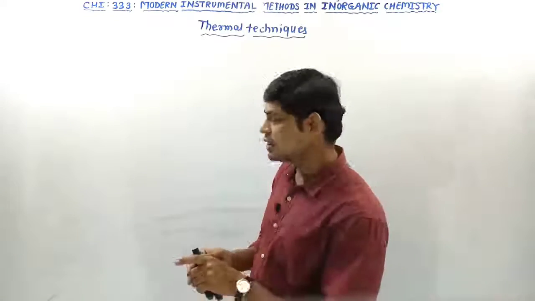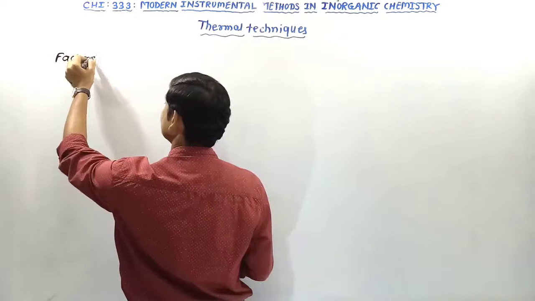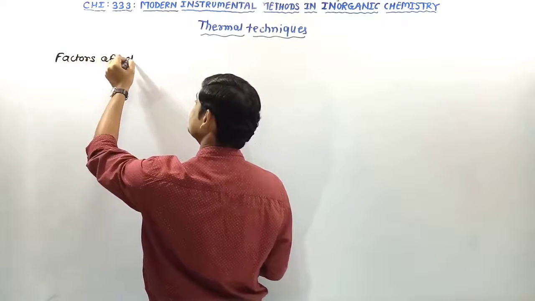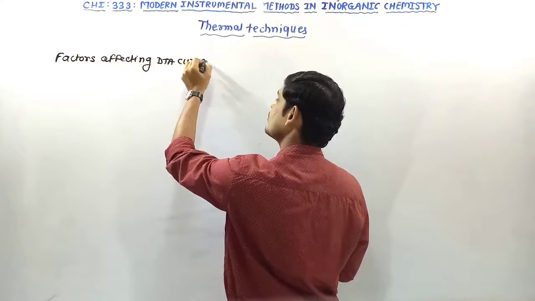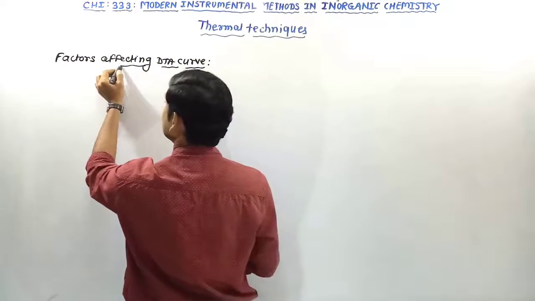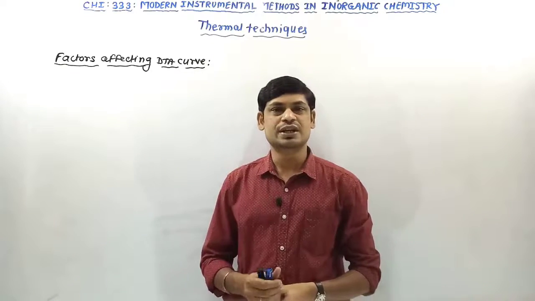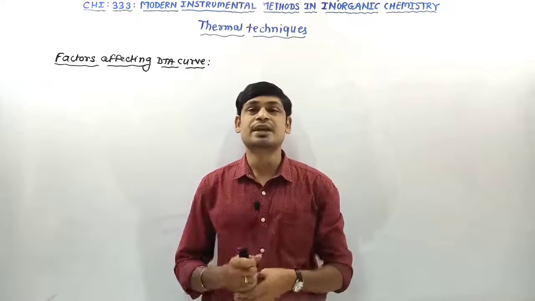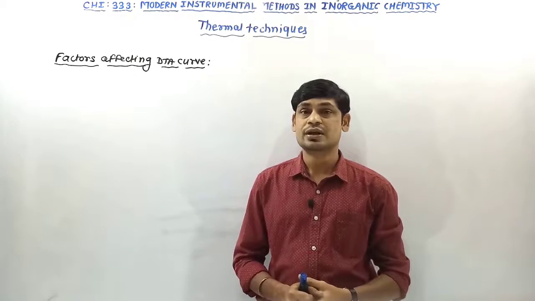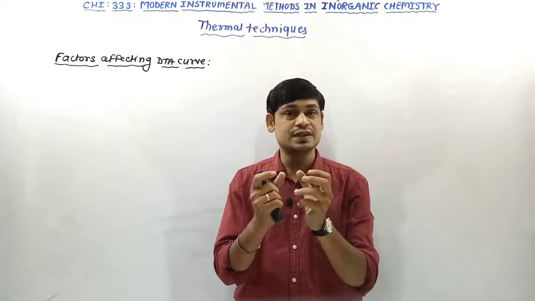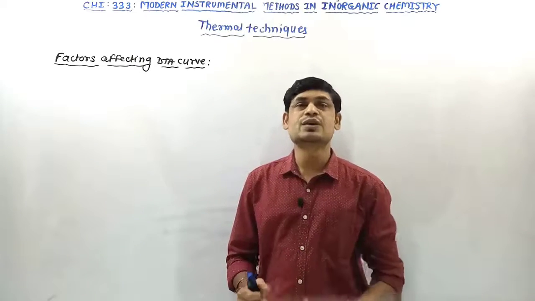A number of factors affect the DTA, such as the sample characteristics, instrumental characteristics, and the environment inside the furnace or the sample holders, which we call environmental factors. So we will discuss all these factors one by one.